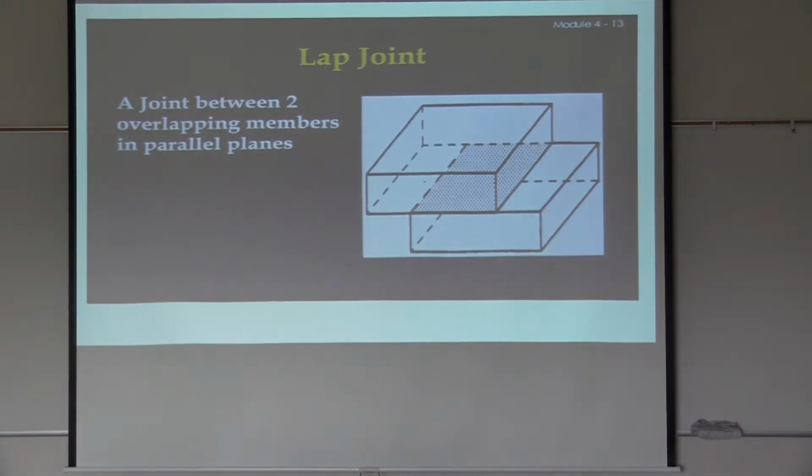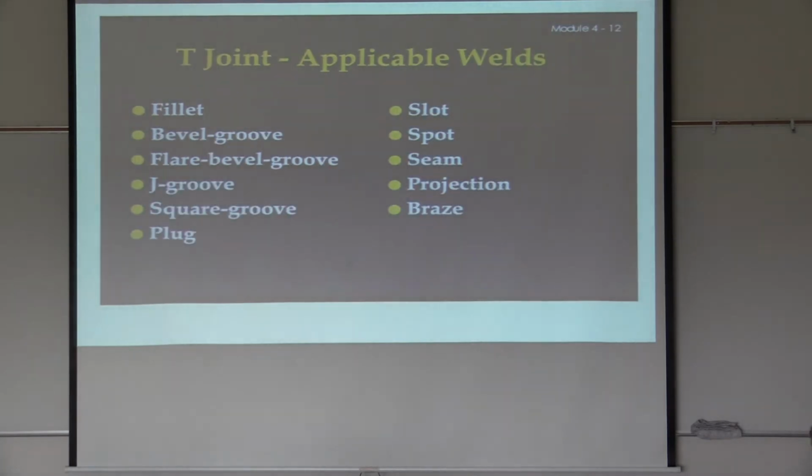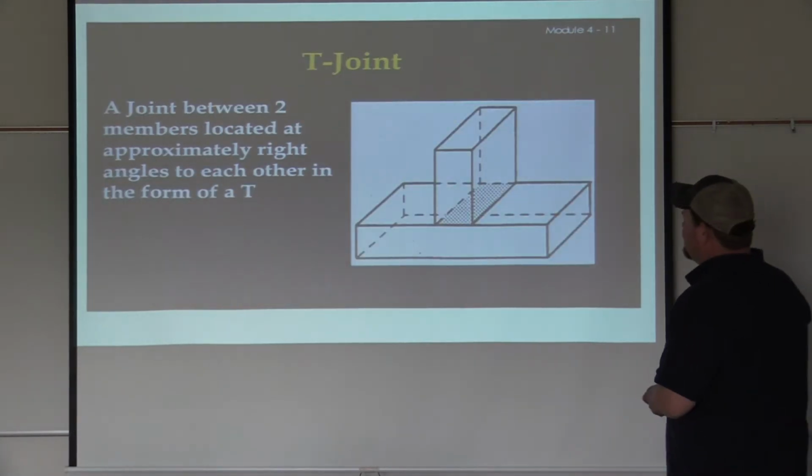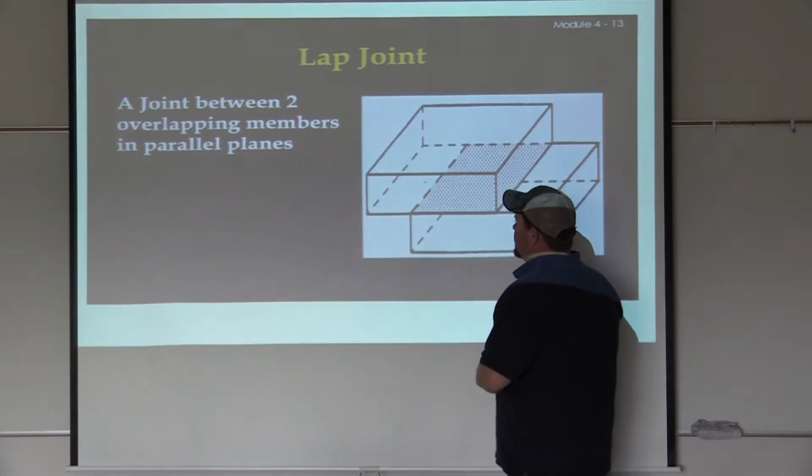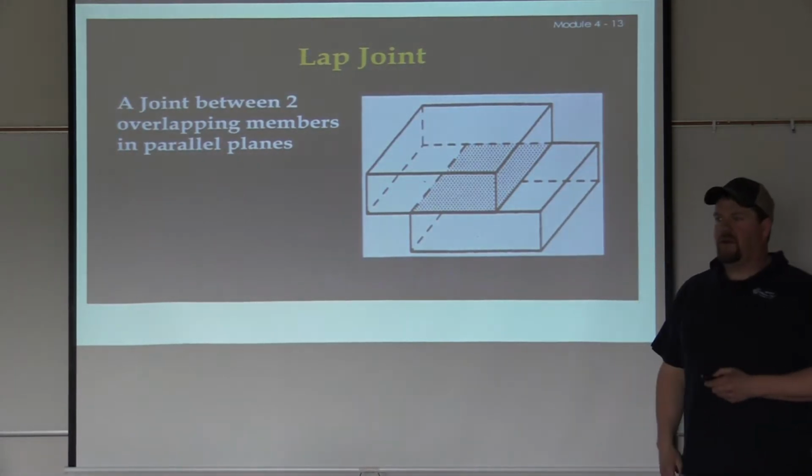Lap joint, okay. A lot of people say, well, what is this used for? This is used for a lot of stuff, very common joint. However, what are the two welds that are associated with the lap joint? It's a V or a fillet weld, right? It's the same thing as a T-joint, as far as weld-wise, okay?